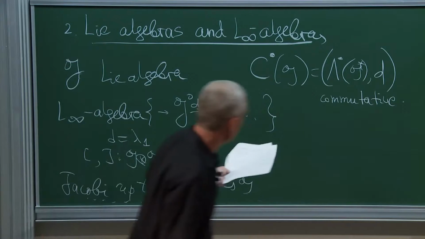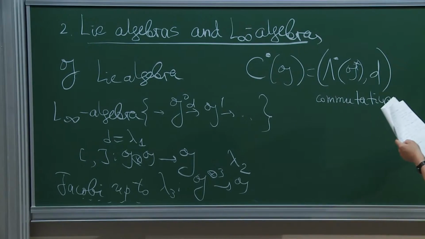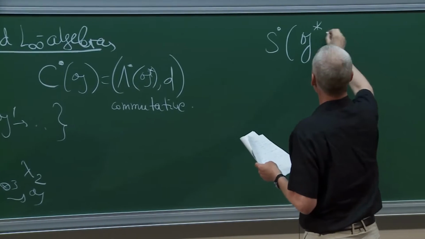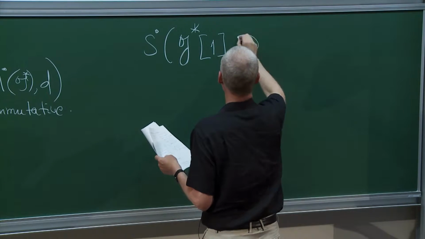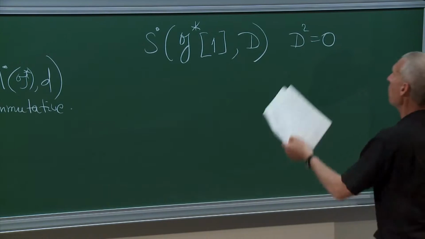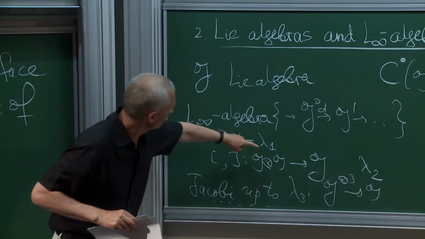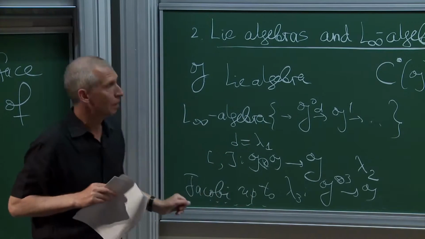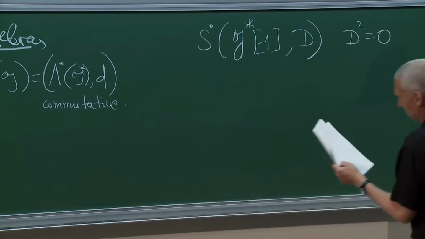And this is encoded, as is very familiar, by a differential in the symmetric algebra of the dual space to G shifted by 1, some differential, let's call it D, satisfying D square equals 0. So the one identity, D square equals 0, contains in itself the fact that the Jacobiator is the boundary of this.